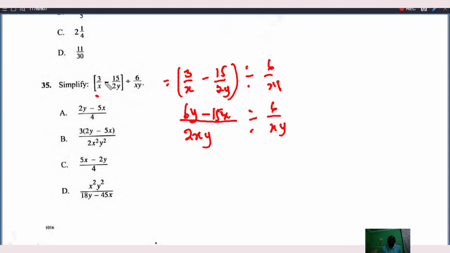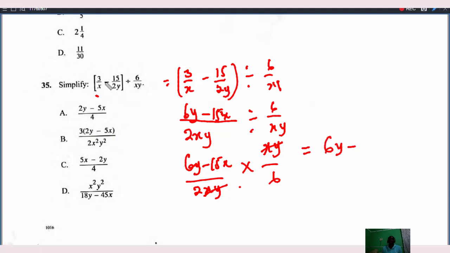So when we have this, you change the division to multiplication by finding the reciprocal. 6y minus 15x over 2xy times xy over 6. So this will cancel that. Now we have 6y minus 15x all over 12.